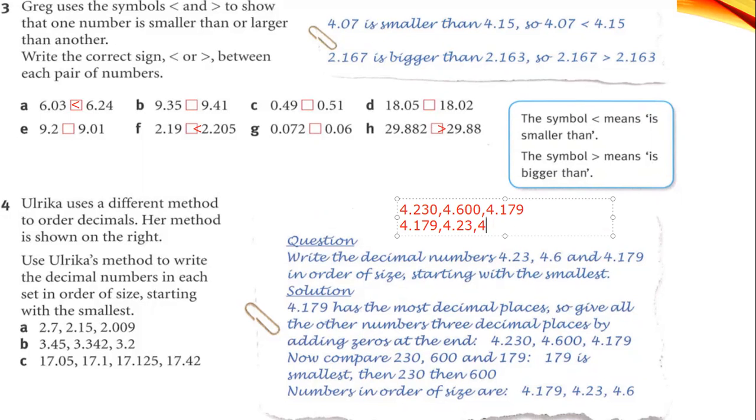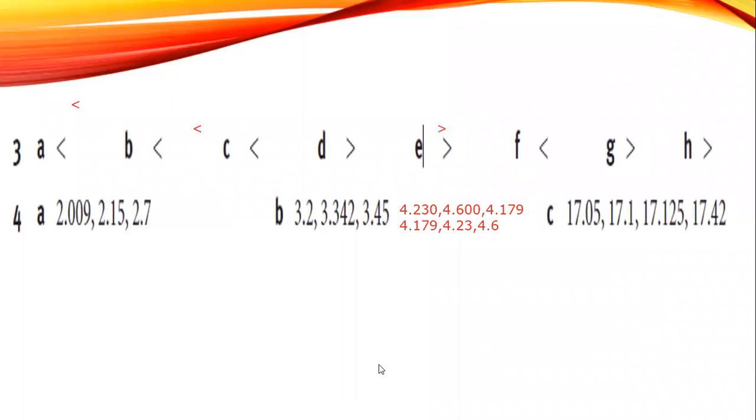So while writing you do the same thing, don't put the extra zeros in the answer. Same thing you will do here. Here are the answers of these questions. Kindly take a picture.